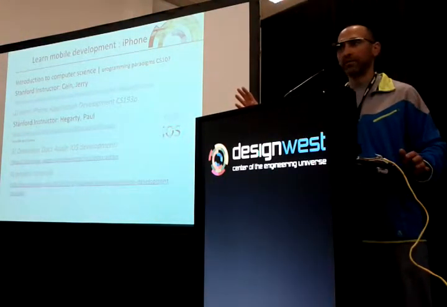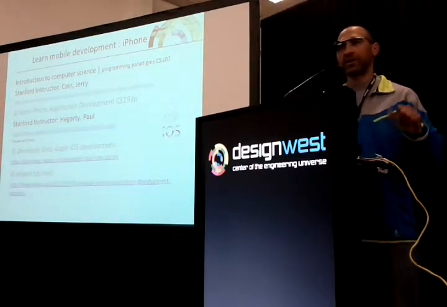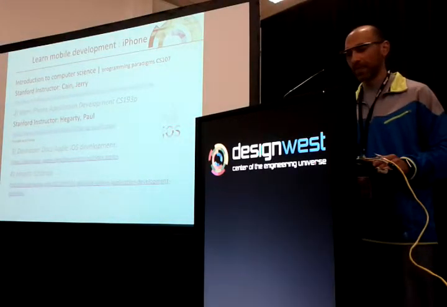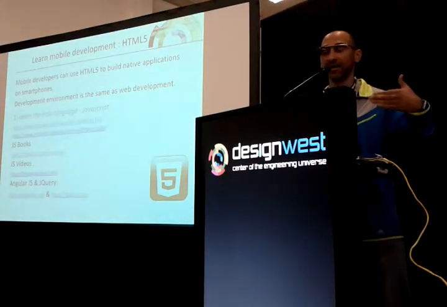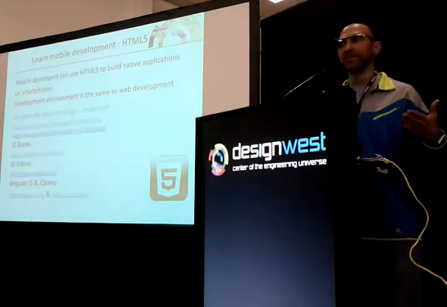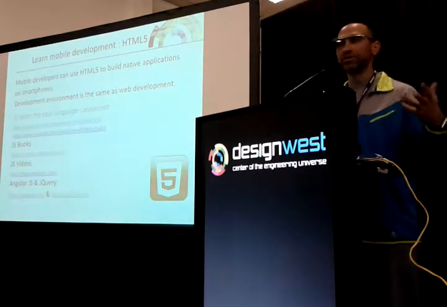So that's the way to learn Android, because I'm going to show you a change in embedded development. You're going to do Android. You're going to learn iOS. It's just how we're going to do embedded development. And the last thing you're going to have to learn is HTML5. And the reason you have to learn HTML5 is because it is becoming the language that most of us speak.